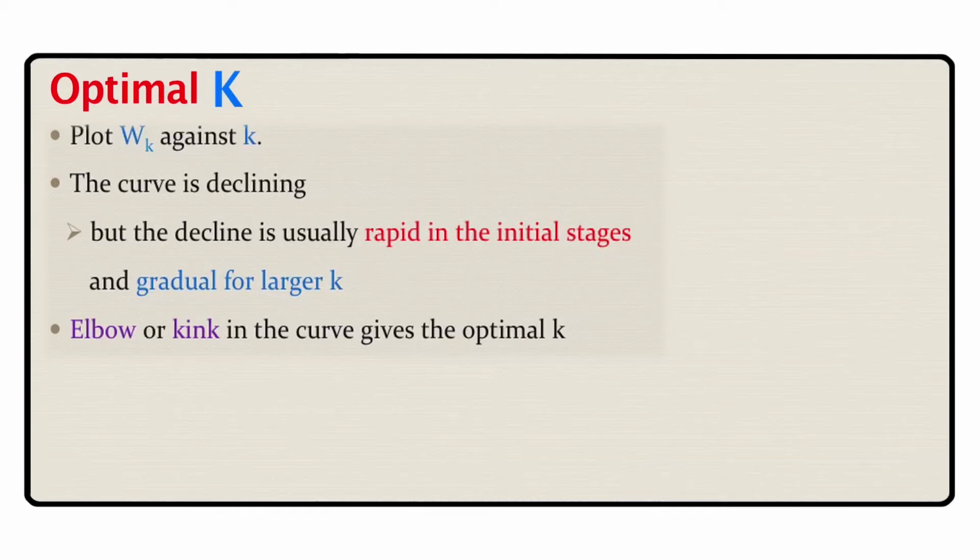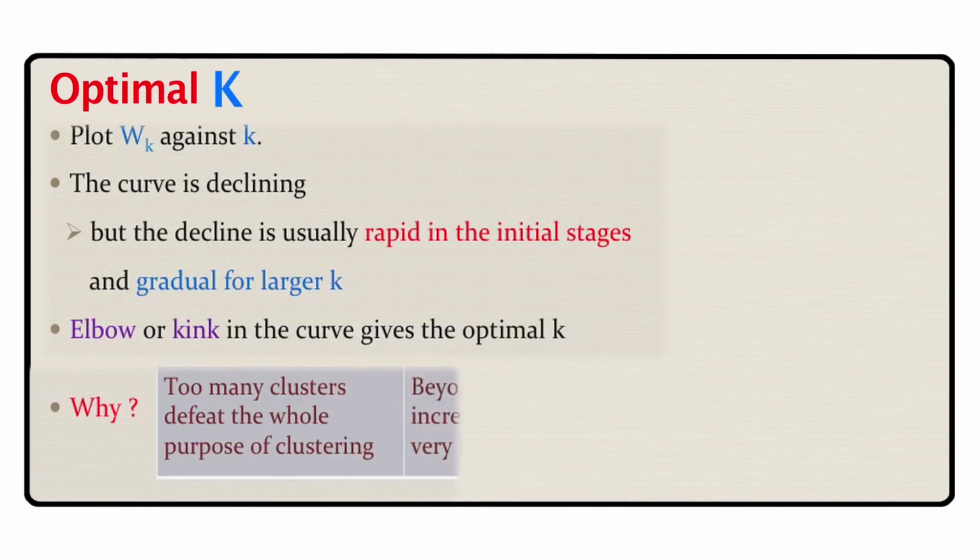Once the clusters become homogeneous, subdividing them generally does not lead to a large decline in Wk. So what we do is search for what is referred to as an elbow or kink in the plot of Wk against K.